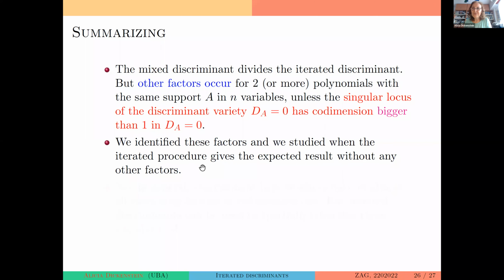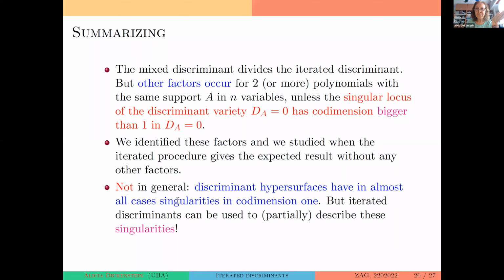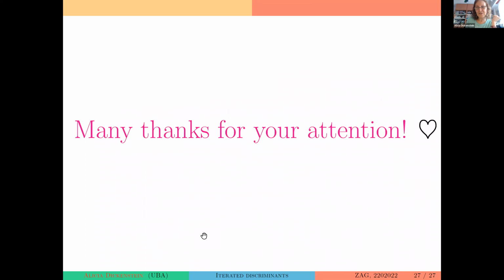We identified these factors and we studied when the iterated procedure gives the expected result without any other factors, but only in a few cases, because in general, discriminant hypersurfaces have in almost all cases singularities in codimension 1. But anyway, as I said, iterated discriminants can be used to partially describe these singularities and can be used as a certificate for a smooth intersection. And this is all, and I thank you very much for your attention.